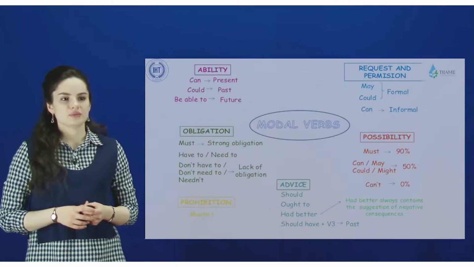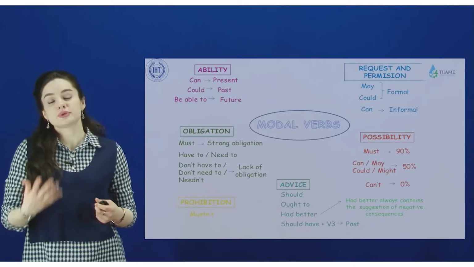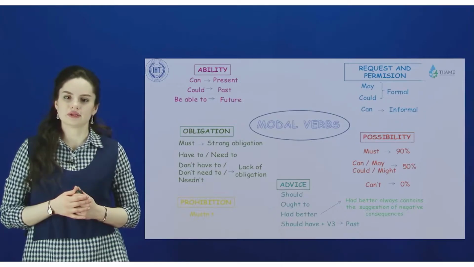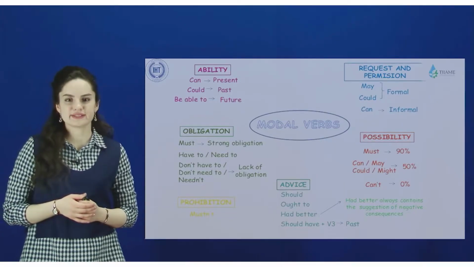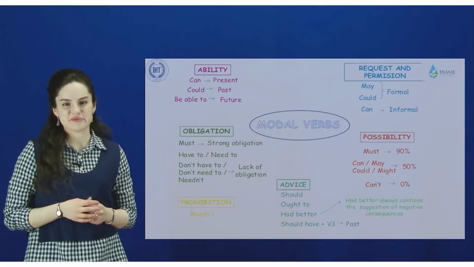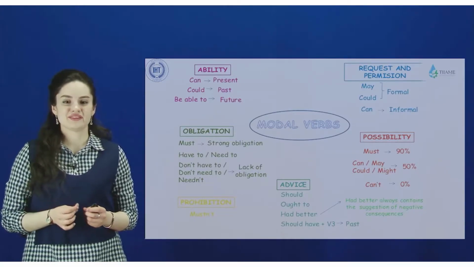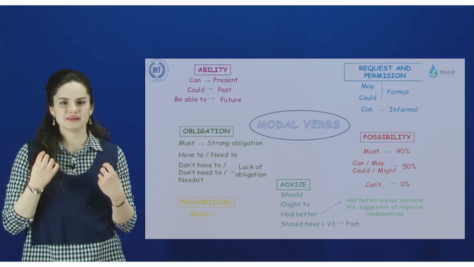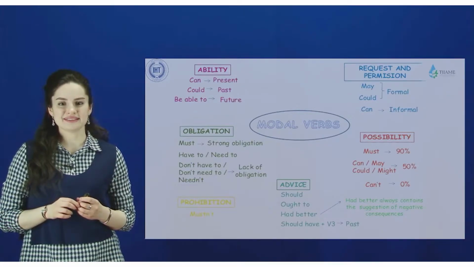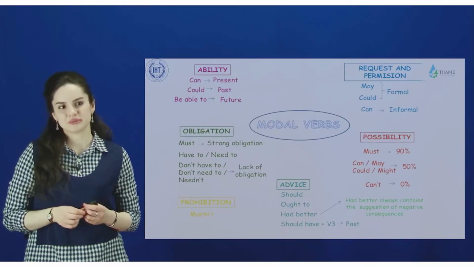So, what about obligation? For this purpose, we have some other modal verbs. Must is modal verb number one when we talk about obligation. It's the first verb which may come to our mind when we talk about obligation.